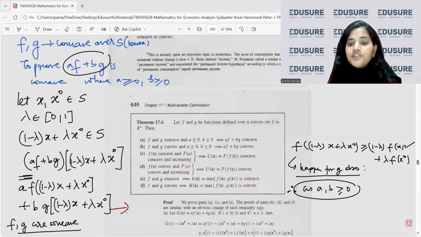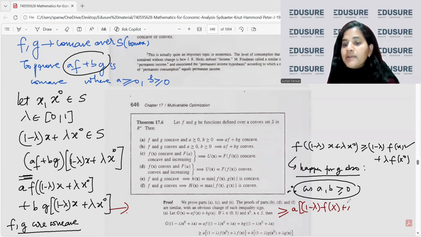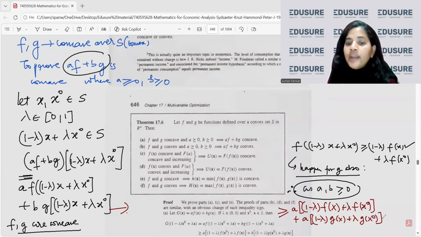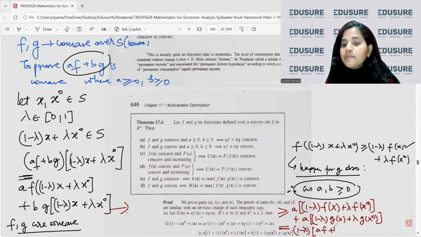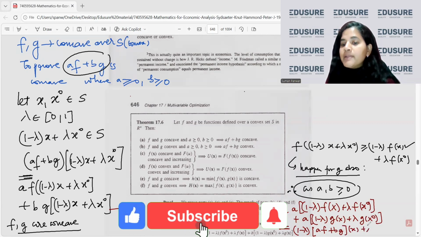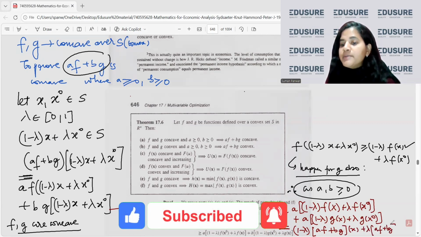So now this particular expression will be greater than or equal to a(1 minus lambda) f of x plus lambda f of x naught plus b(1 minus lambda) g of x plus lambda g of x naught. Now you just have to combine these in terms of af and bg. So now you are going to have (1 minus lambda) take common. You will have af plus bg at x plus lambda times af plus bg at x naught.